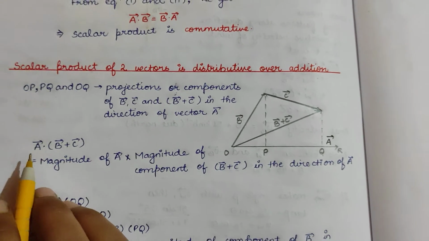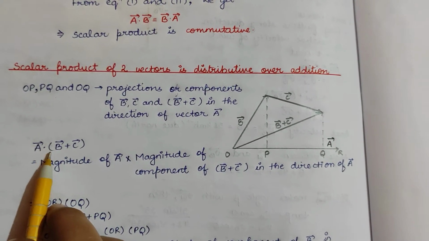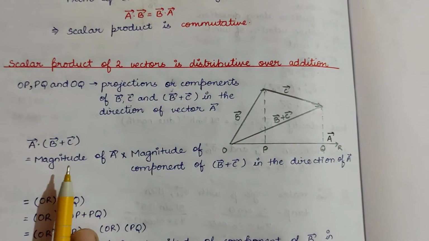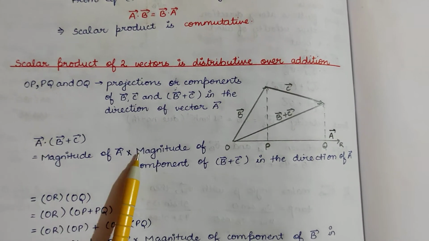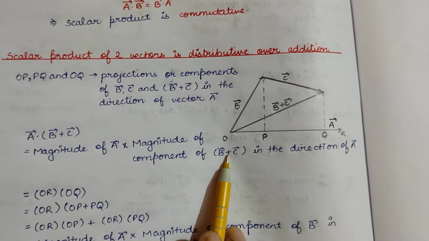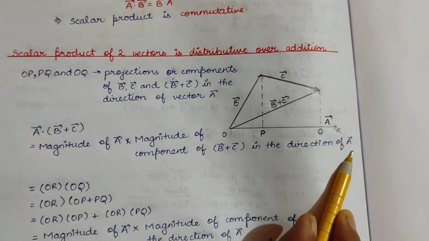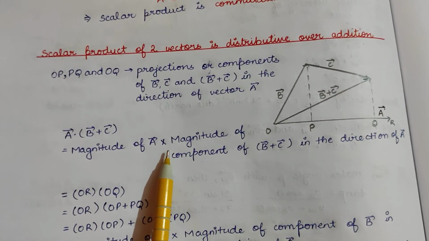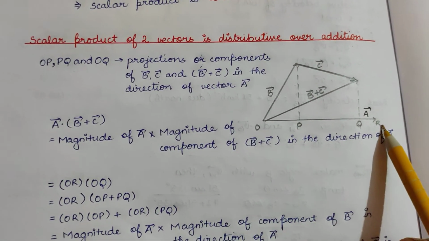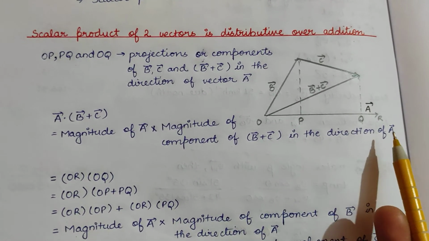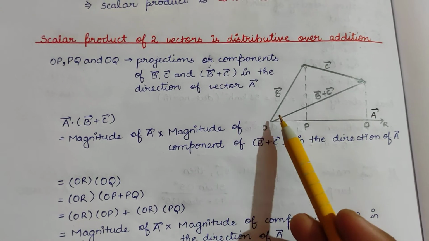So we can say that vector A dot whole of vector B plus vector C is equal to magnitude of vector A into magnitude of component of vector B plus vector C in direction of vector A. What is the magnitude of vector A? It is OR. The magnitude of component of vector B plus vector C in direction of OA is given by OQ.